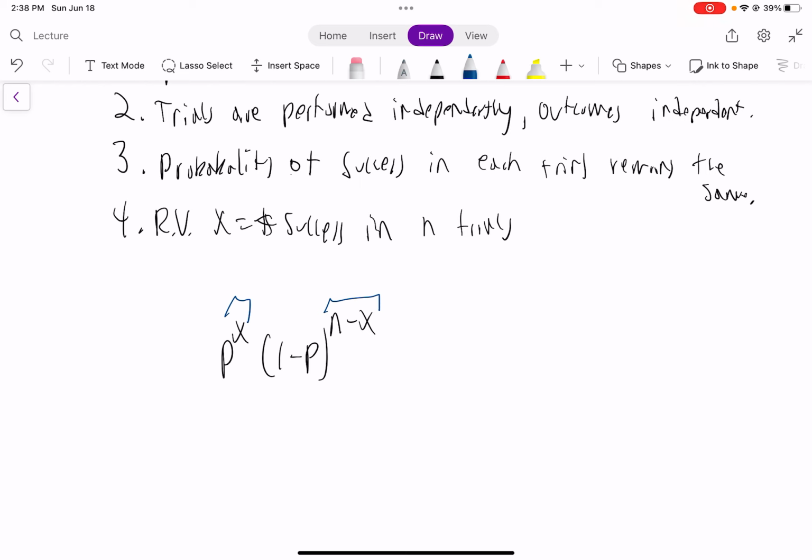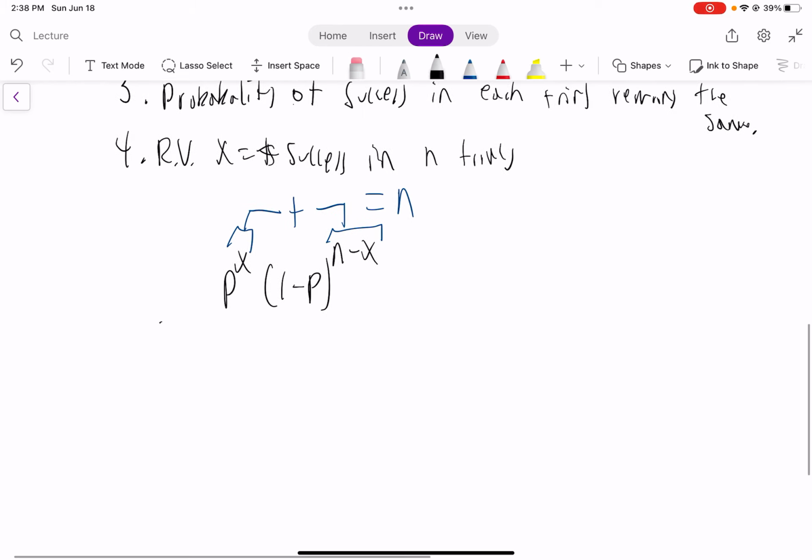These, when added, equal n, right? Because you're doing x plus n minus x, and the x's cancel and it becomes n. So there's n total trials, but x of them are successes and n minus x are failures, basically. Okay? But there's a coefficient out front that we're missing.